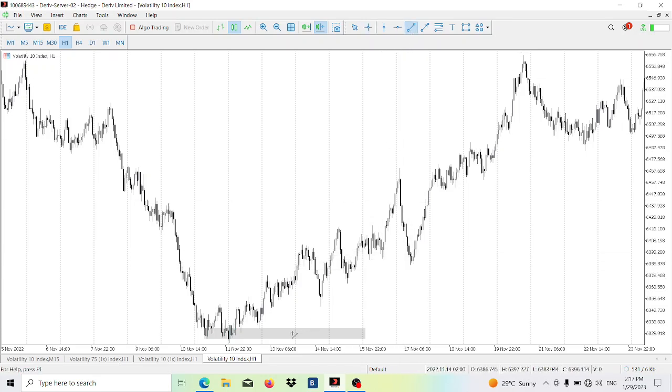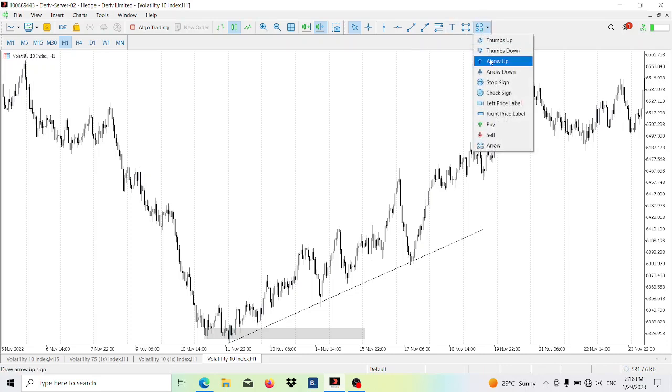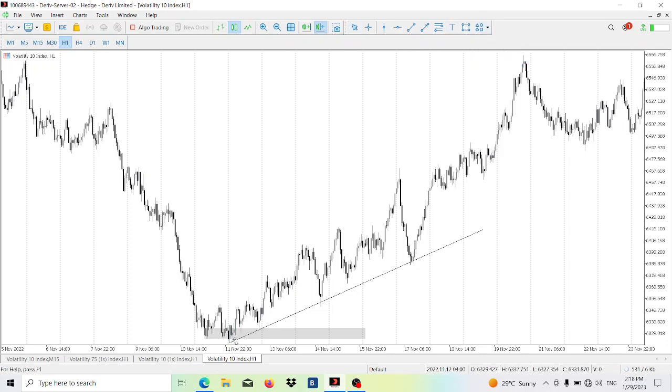As you can clearly see, the lows are ascending now, right? The lows are ascending every time, and every time structure is being broken.